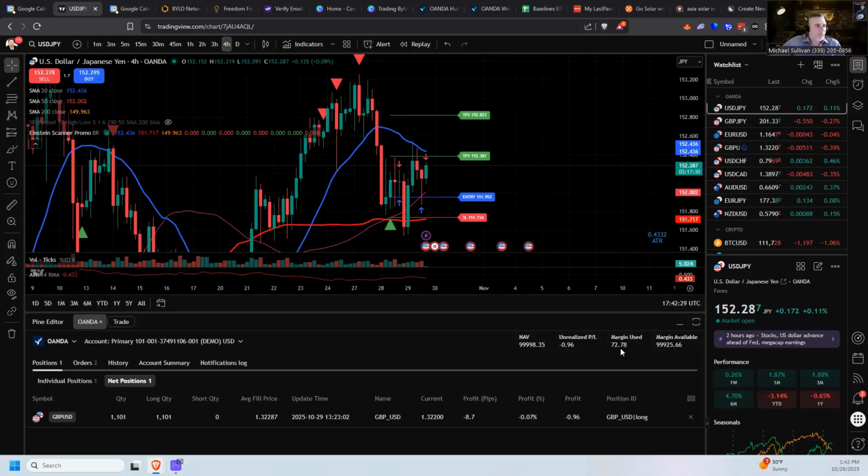Now, I've been on paper trading, as we've been talking about here, which means it's monopoly money. It's not real. I'm about to go real on this, but on the paper, it gives me $100,000. You can see I'm down about $1.50. Over here, my margin available, because I had 100,000, I lost $7.